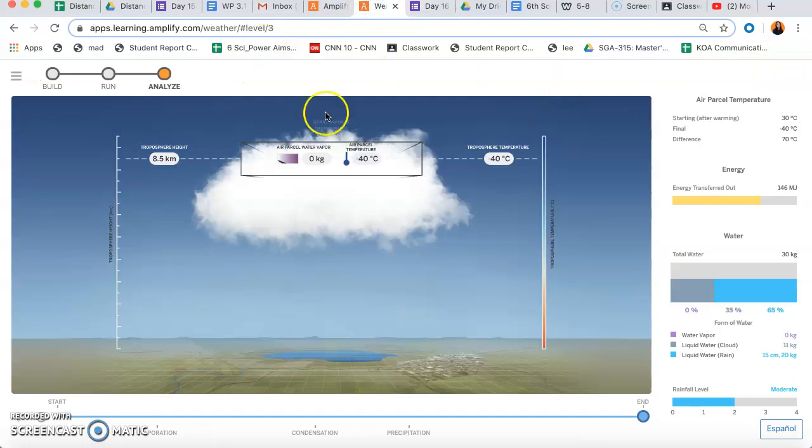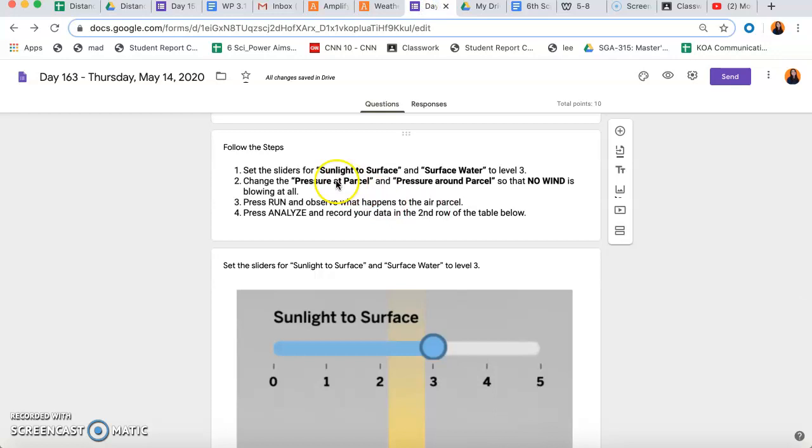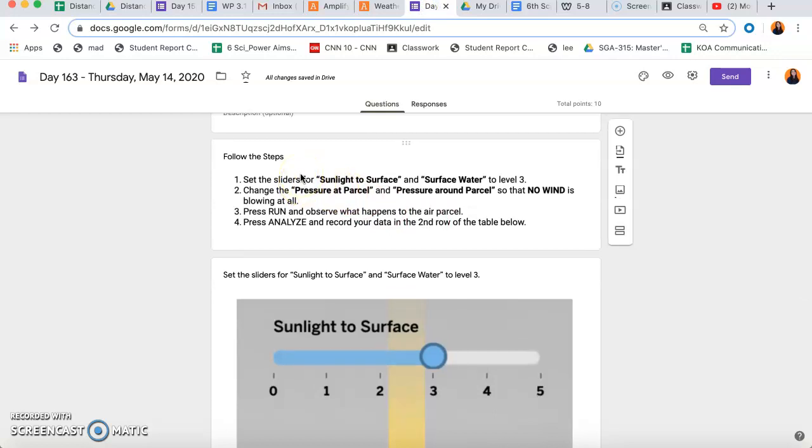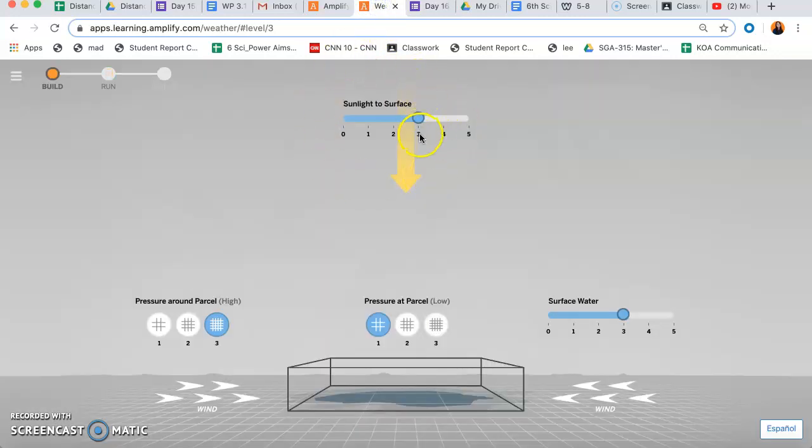Okay, I'm going to go back to my simulation, go back to my build mode. My first step is set the sliders to level 3. Sunlight to surface is at 3. Surface to water is at 3.